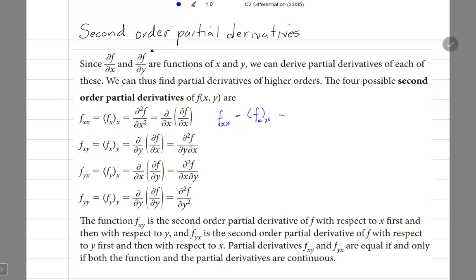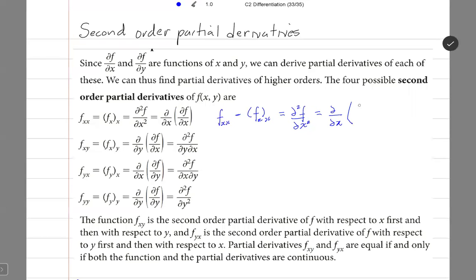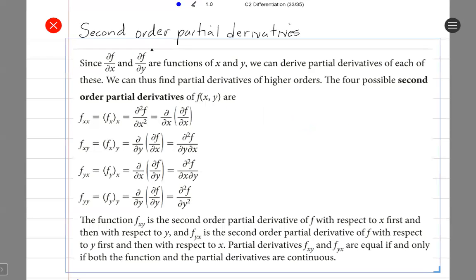You could also write this as ∂²f/∂x², and this is the same as saying ∂/∂x of ∂f/∂x. Ugh.